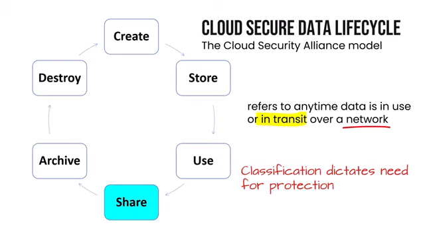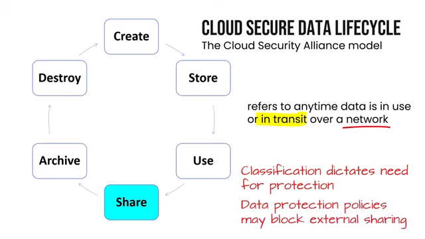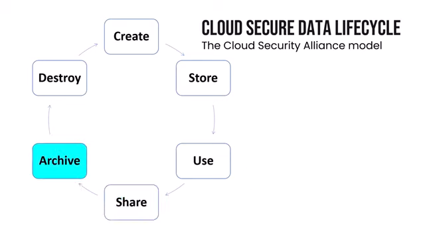We need to have data loss prevention capabilities to help us to secure our data and prevent that leakage in use. So data protection policies may block external sharing many times.